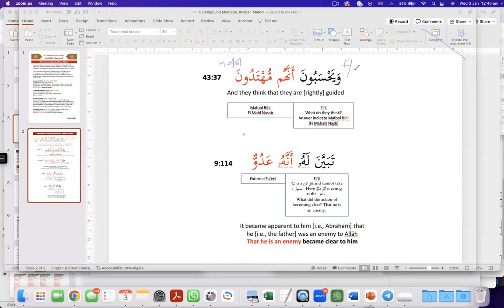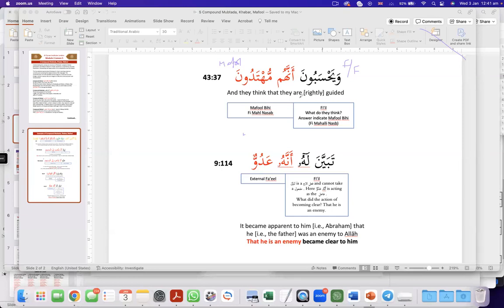Okay, "and they think that they are rightly guided." They think what? This is how you would be asking. What do they think? The answer indicates the maf'ul bihi. They think they're guided rightly.